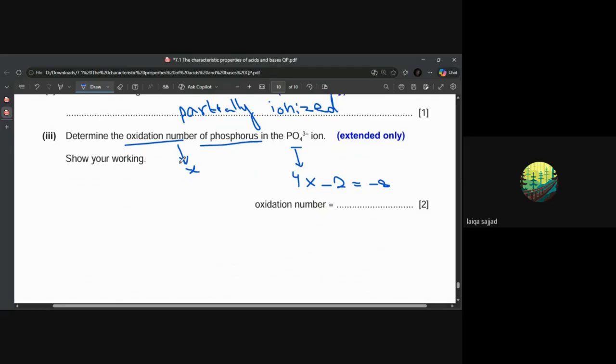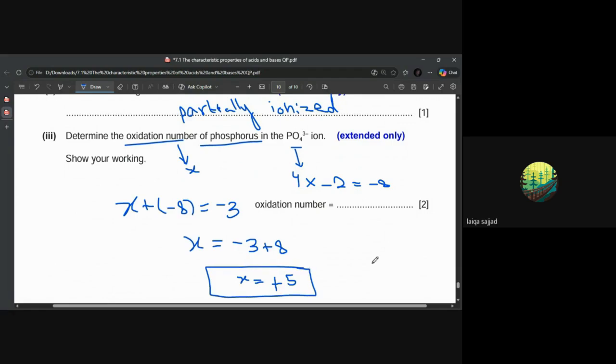So X plus the oxidation number of the 4 oxygen atoms should give the overall charge on the phosphate ions. So X plus (-8) equals -3. X equals -3 plus 8, so X is equal to plus 5. So this is the oxidation number.